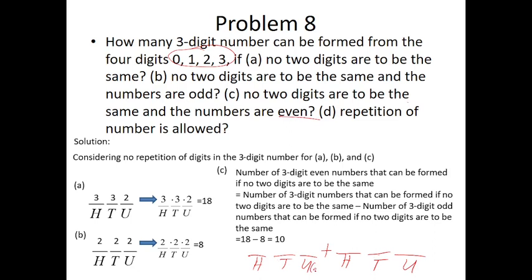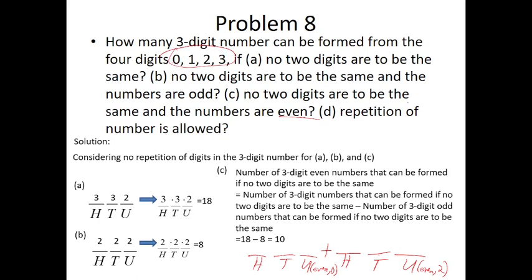So this must be even and we will choose 0 for instance. 0 was considered. This is even. And 2 was considered. Okay? From the digits 0, 1, 2, and 3.